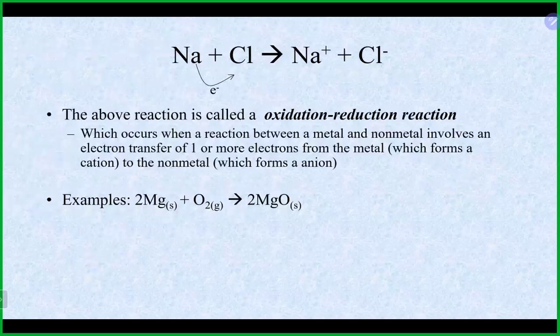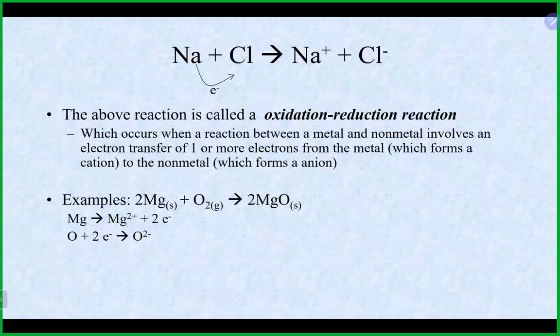So again, as I mentioned, this is what is referred to as a redox reaction, which is the big umbrella of types of reactions. There's our magnesium example that we just talked about, which is also obviously a redox reaction. We could write what are referred to as half reactions.